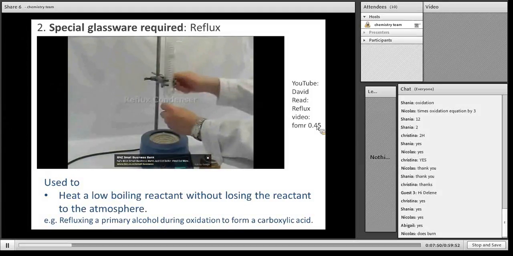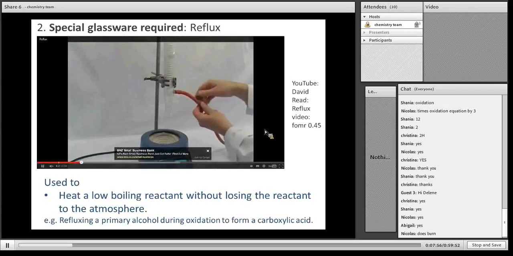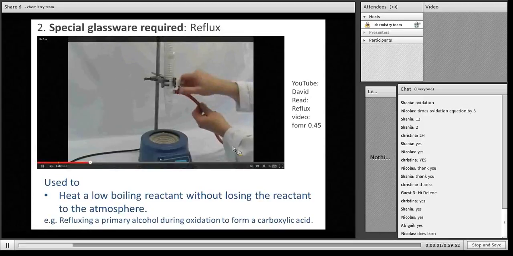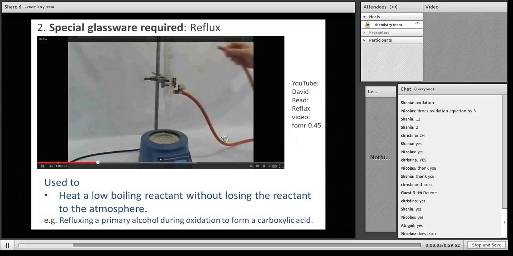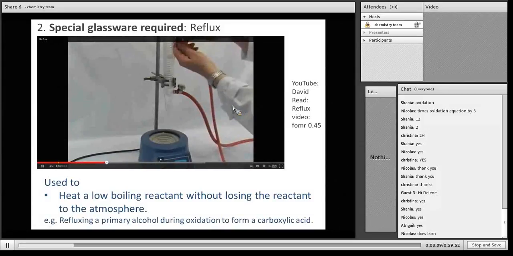So we've got to heat for half an hour. And we don't want the substance all to evaporate, because remember, organic substances tend to be low boiling, so they'll boil easily. So what we do now, instead of making that place where they condense go sideways, as in the distillation setup, can you see we're making it vertical?